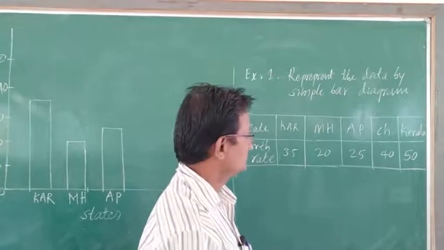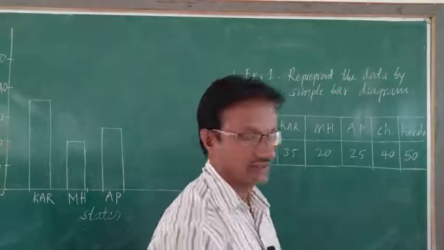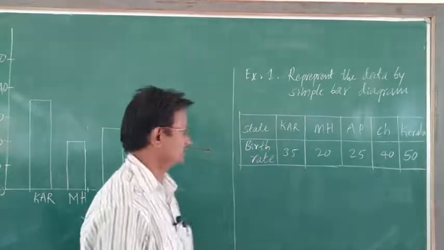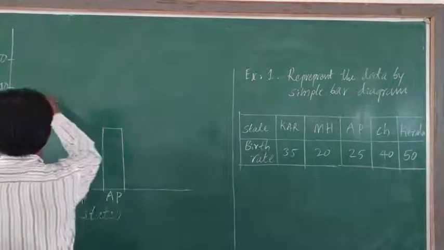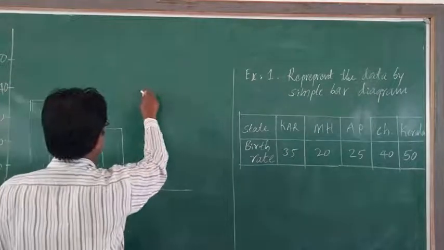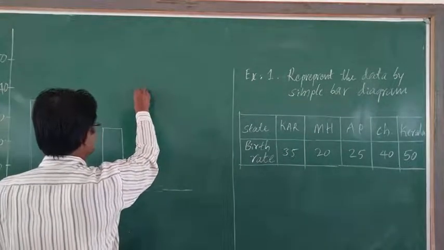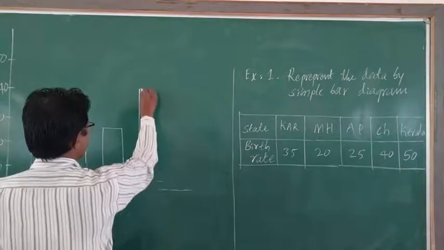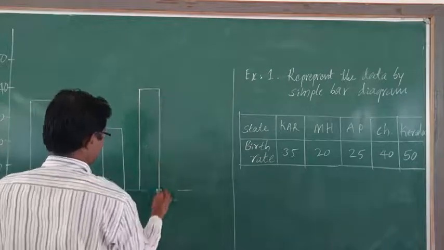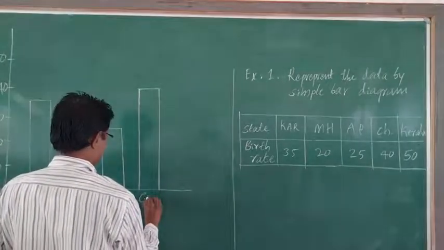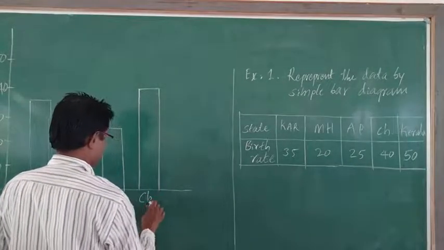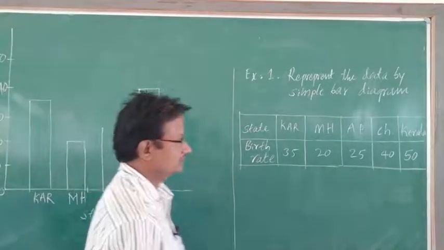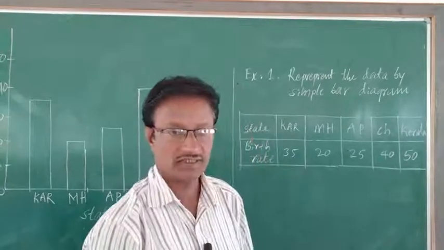Next, birth rate is 40 for the state Chennai. So corresponding to 40, we have to construct another rectangular bar for the state Chennai. And finally, the birth rate is 50 for Kerala.